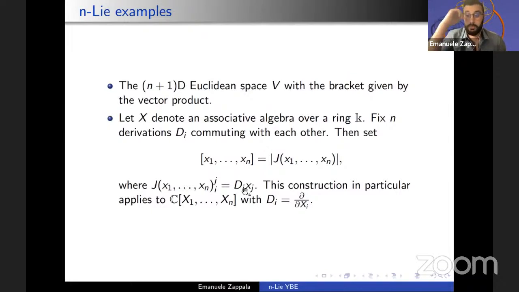So of course, by Schwarz theorem, if you take, for instance, polynomials over the complex numbers in n variables, and the derivations are simply the partial derivatives, this thing goes through, and that gives a very nice example of an n-Lie algebra. In fact, this was one of the main examples in the paper that introduced n-Lie algebras. It was by Filippov and appeared in the Siberian Journal of Mathematics.